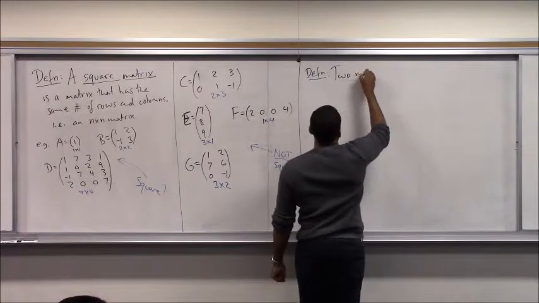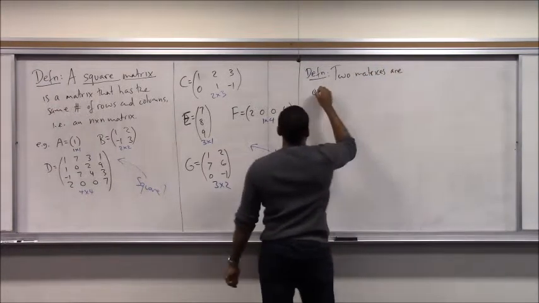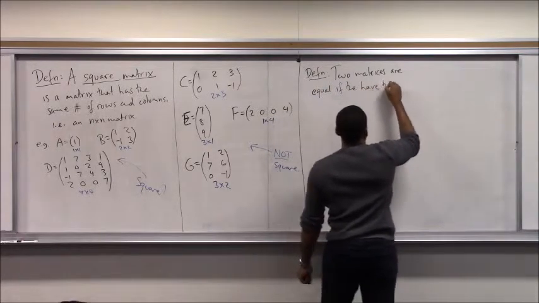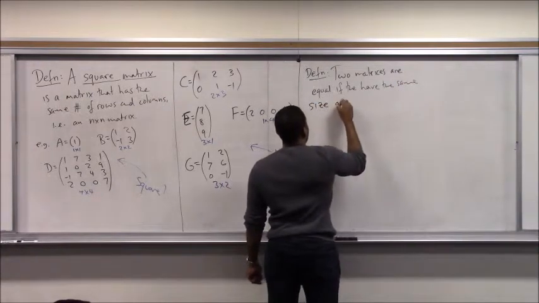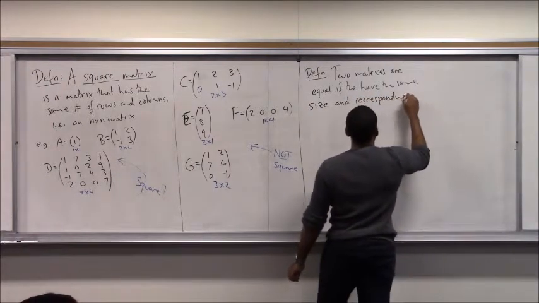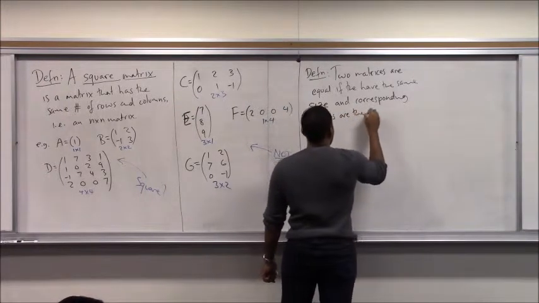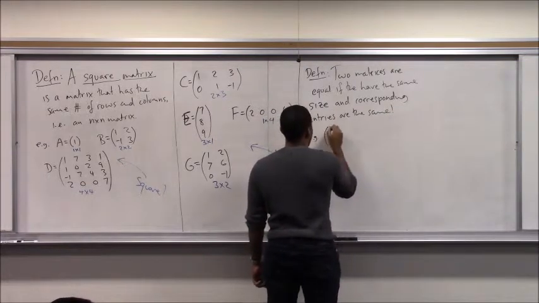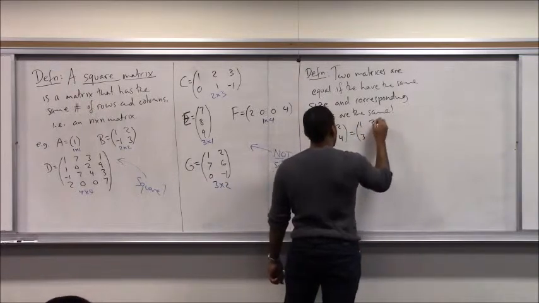Two matrices are equal if they have the same size and corresponding entries are the same. So, for example, 1, 2, 3, 4 is equal to, as you might have guessed, 1, 2, 3, 4.